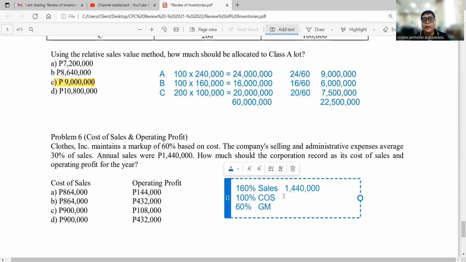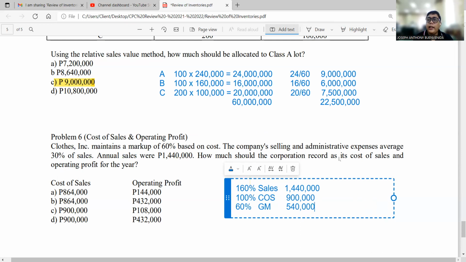Okay, so how do you compute that? So 1,440,000 divided by 1.60 or 160%. So ang cost of sales natin is 900,000. Okay, so nakasolve na ang cost of sales. Gross margin will be 1,440,000 less 900,000, 540,000. Okay, ano pa ang details nga ari?